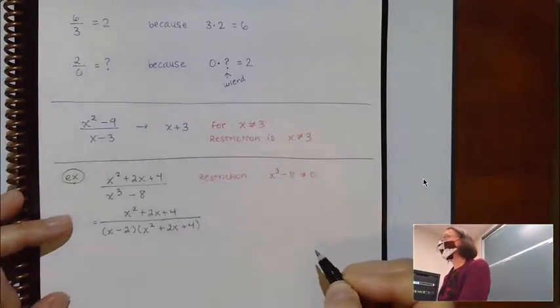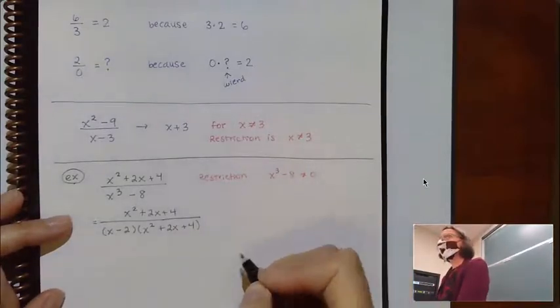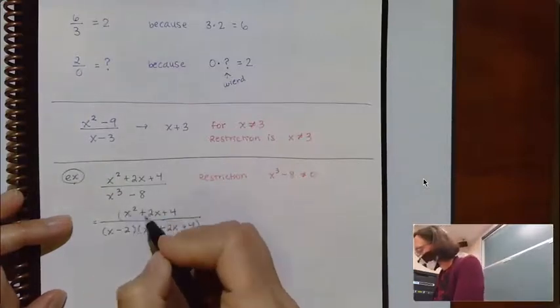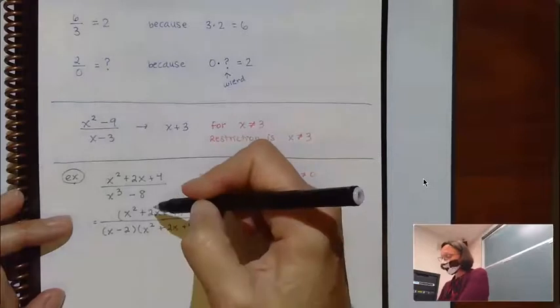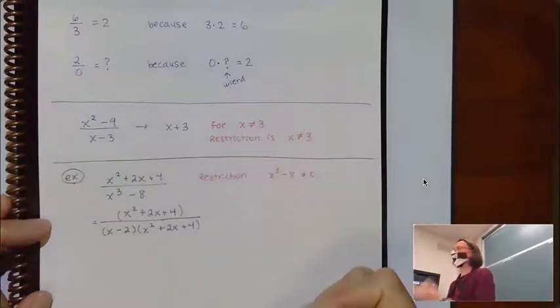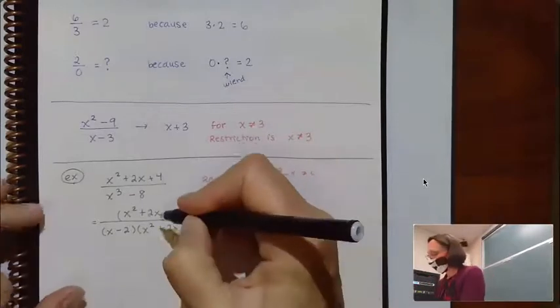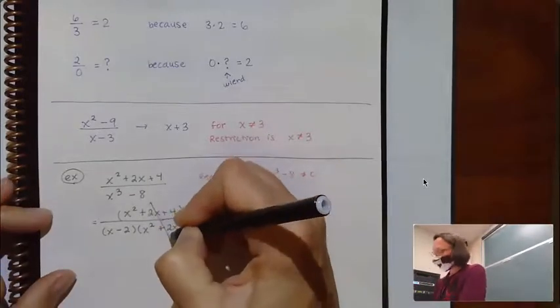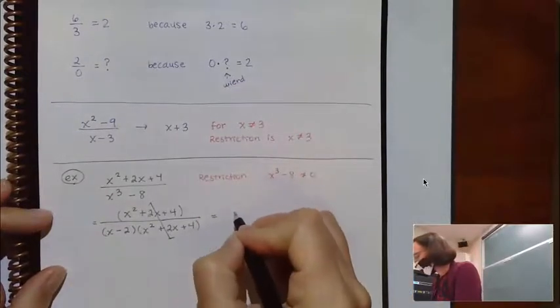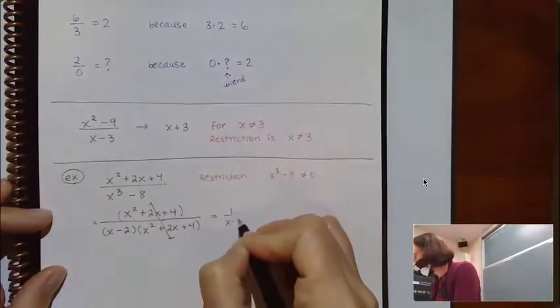Okay, that's convenient. My top and my bottom match. So I know that these are going to cancel out. I know we don't have a better word for it in math. These two are a creative multiplication by 1. And I get 1 over x minus 2.